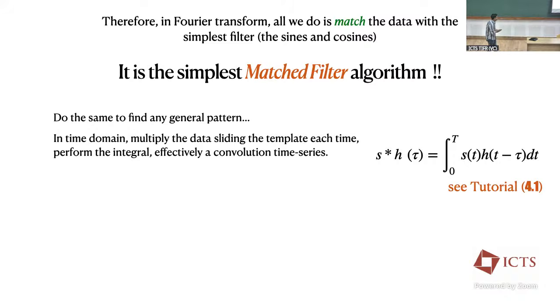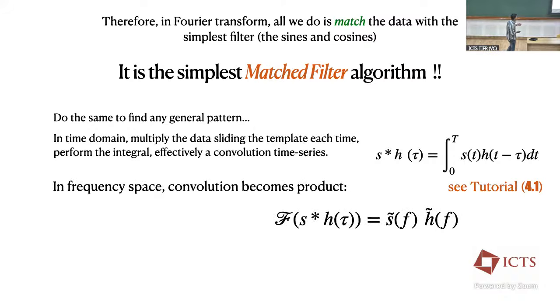We'll discuss this in more detail in tutorial 4.1 today. And if you know some properties of the Fourier transform, convolution becomes a product in frequency space. So given our data chunk, we take a Fourier transform of the data. We have our template, we take a Fourier transform of that and just multiply these two.